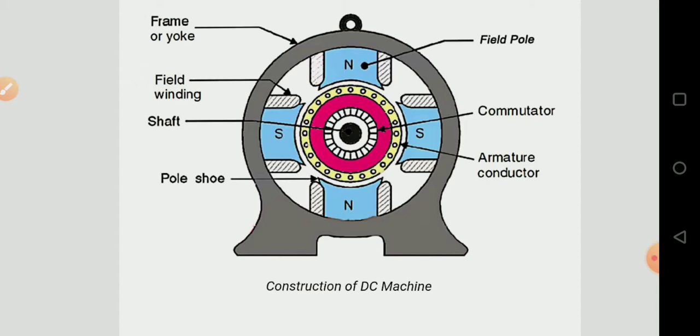Because the poles are in the stator, there is a magnetic field. So when current flows through the coil under the magnetic field, a magnetic force is generated and torque is produced, and the DC motor starts rotating due to the torque produced.